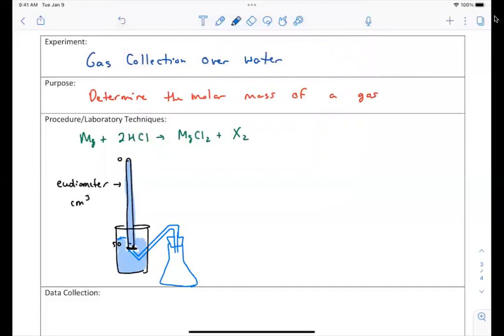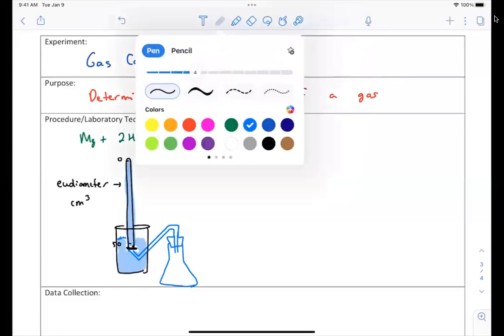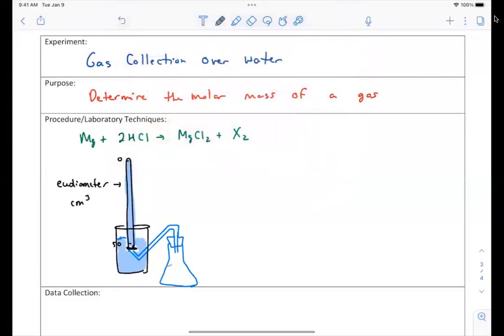Okay, I do understand that my glass tubing is going right through my beaker. That's not exactly correct, but you get the idea. It should obviously be over the beaker, like underneath there. Like y'all remember in our class, we did it in a trough. Yeah, we did this experiment.